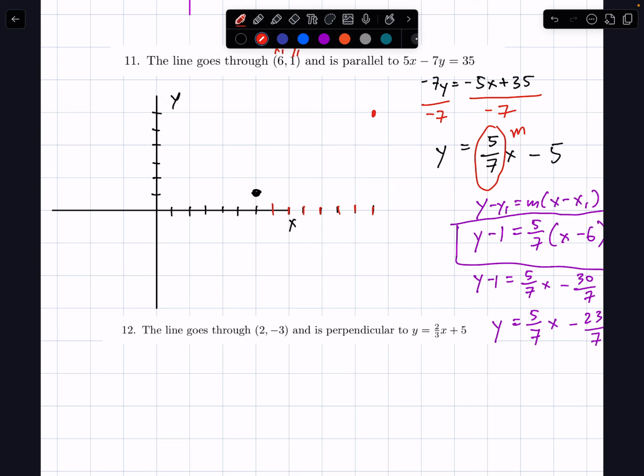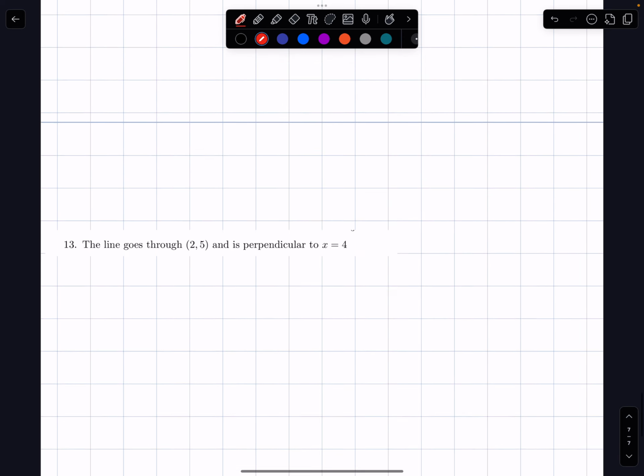And over here is 5 up, yeah. 1, 2, 3, 4, 5. So there's my second point, and then I'm just gonna connect those two dots. Or at least try to. That was a little better. Okay, there it is.